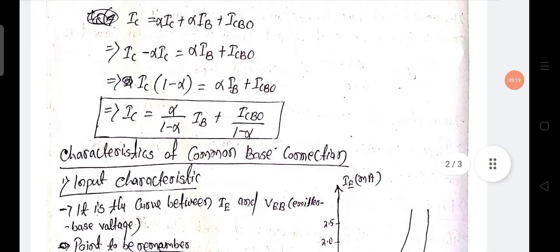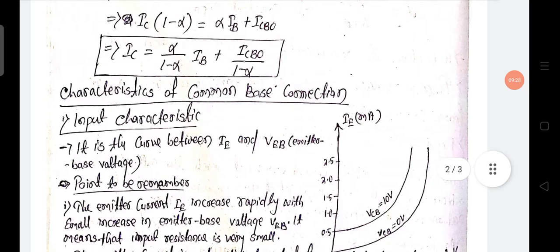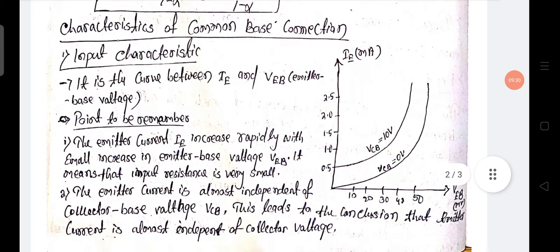Now let's see the characteristics of common base connection. First let us see the input characteristic.